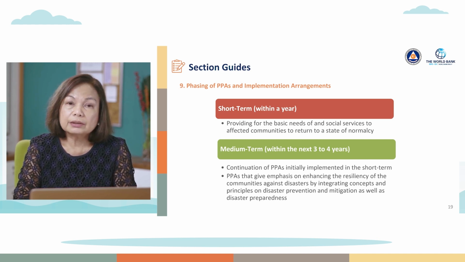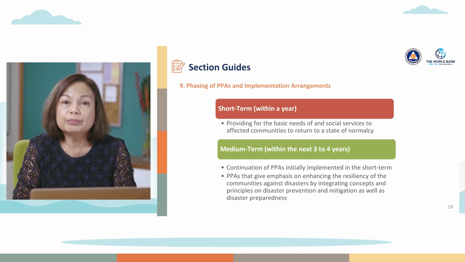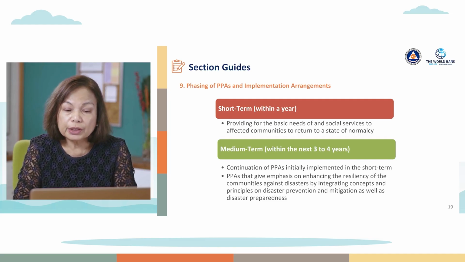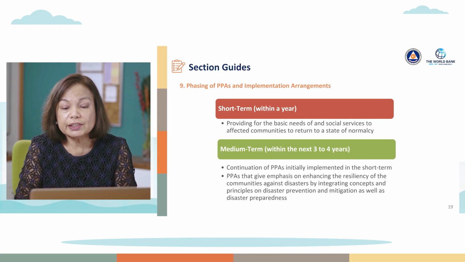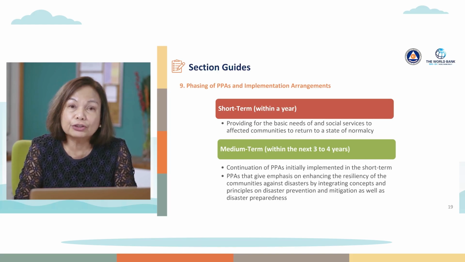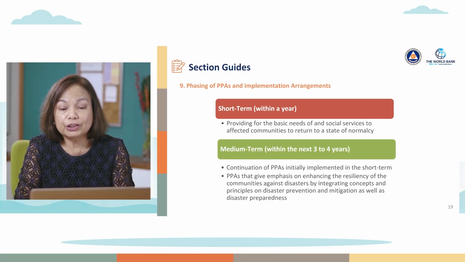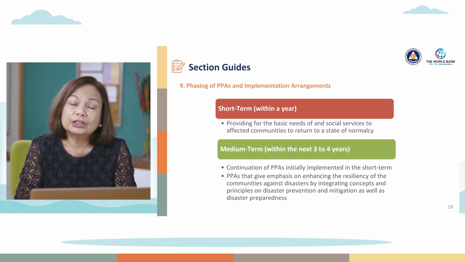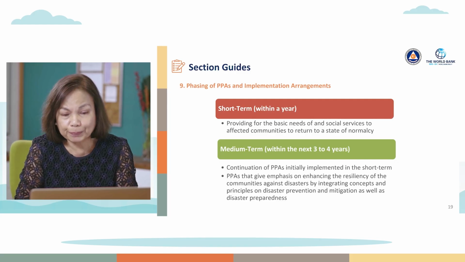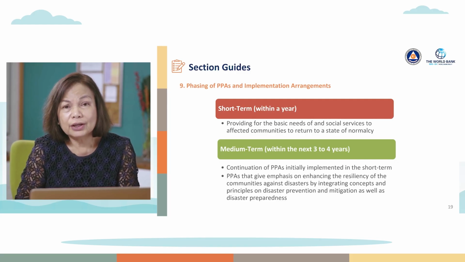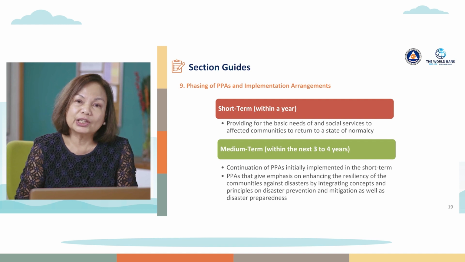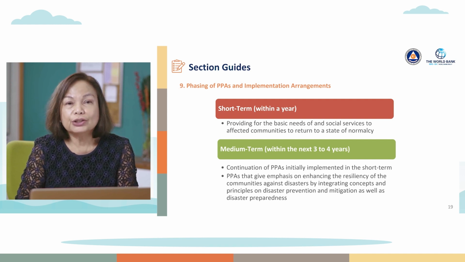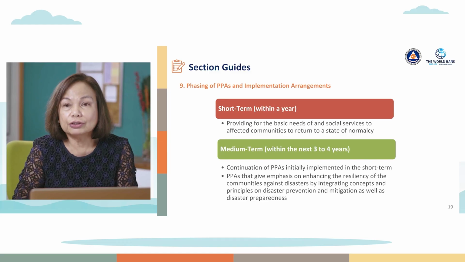Now, the PPAs implemented in the medium term will now give emphasis on enhancing the resiliency of the communities against disasters by integrating concepts and principles on disaster prevention and mitigation, as well as disaster preparedness. So for the medium term, you're not just satisfied or contented with going back to the pre-disaster situation or conditions. You need to improve your different conditions.